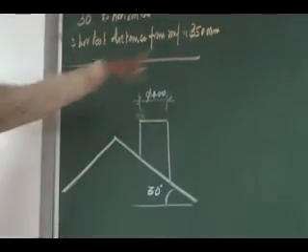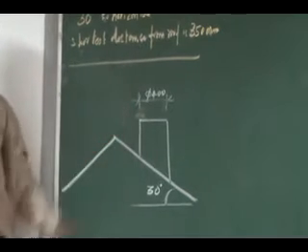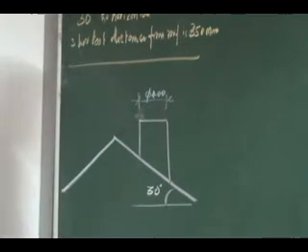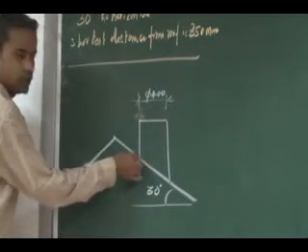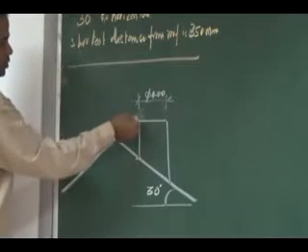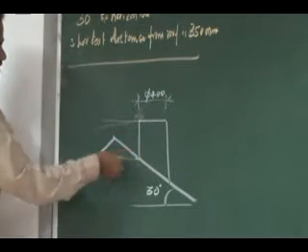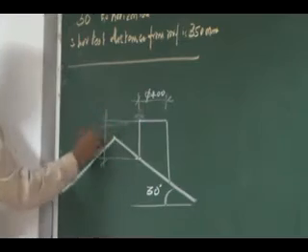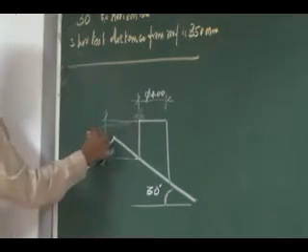One more data is given. What is this 350? It is the shortest distance of the chimney from the roof. So this is 350. You see, these are all in 400, 350 mm.